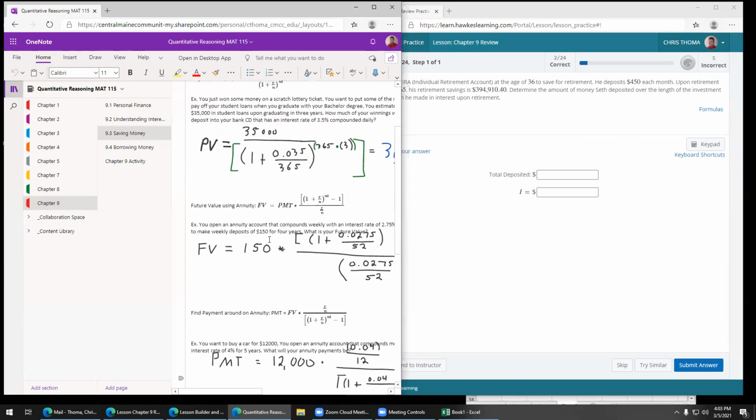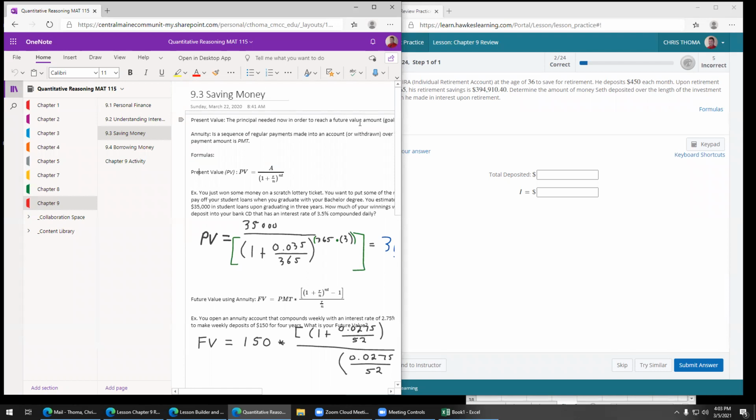That's how much your payments are. All right, when I say this one should be a present value problem. So writing kind of strangely to me.